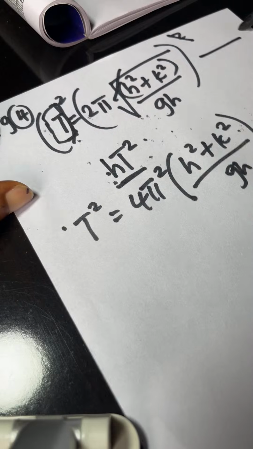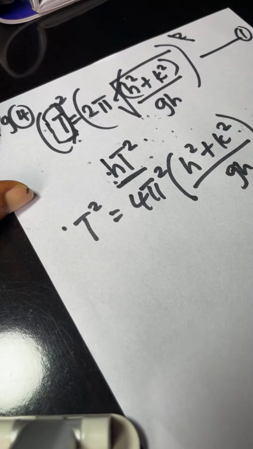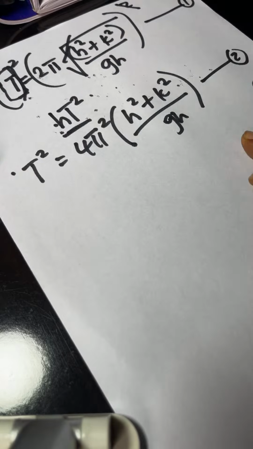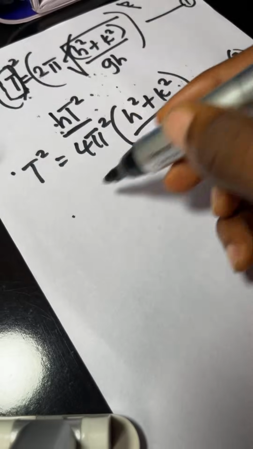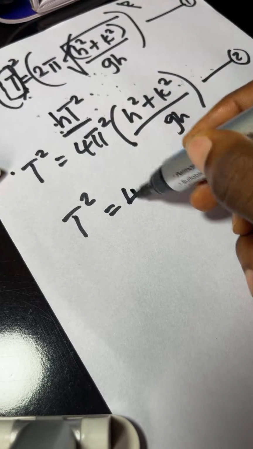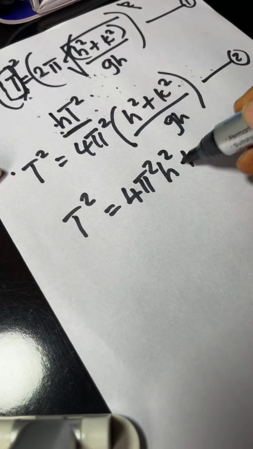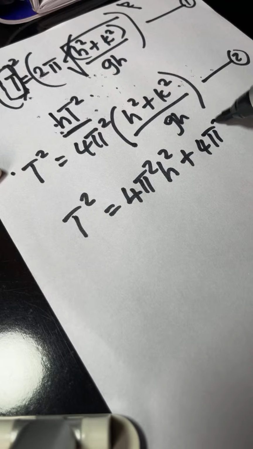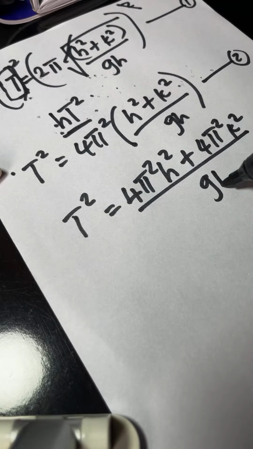This is step 1, equation 1. Let's call this equation 1, and let's call this equation 2. Now the next one is, we open bracket. T square is equal to 4 pi square h square plus 4 pi square k square all over GH.